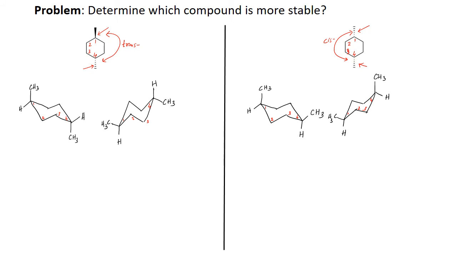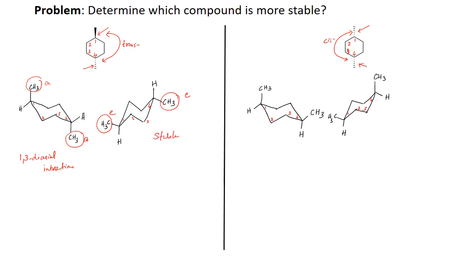Notice how in one of these conformations both methyl groups are axial, which means these would result in destabilizing 1,3 diaxial interactions. Now, in the other conformation, both methyl groups are equatorial, so this is stable.